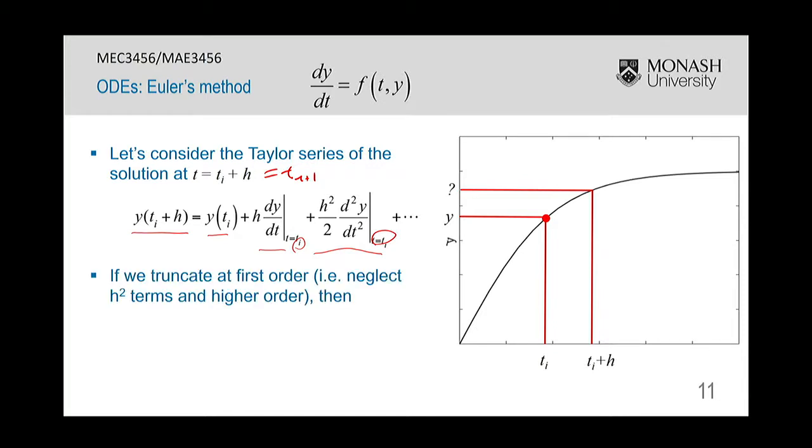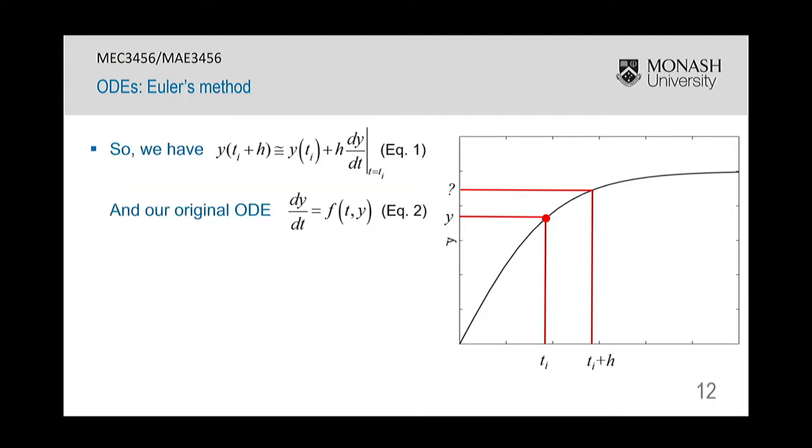Now if we truncate this expression at first order, in other words, we ignore that term and all of the higher order terms, we can then see that y of ti plus h is equal to y at ti plus h times dy/dt. But we also know from our original ordinary differential equation that dy/dt is equal to f of t, y.